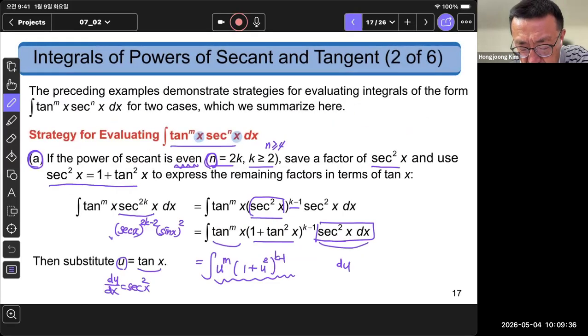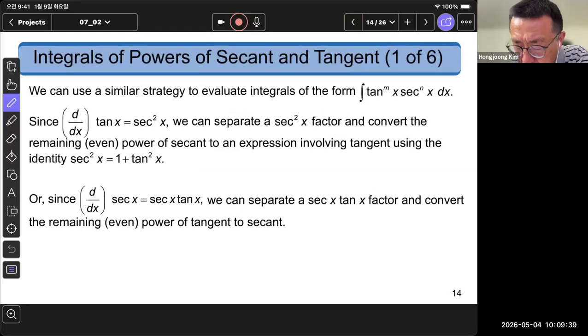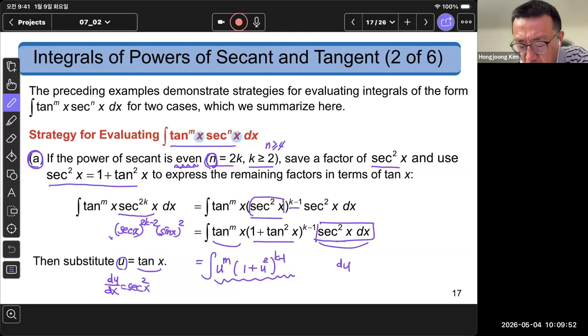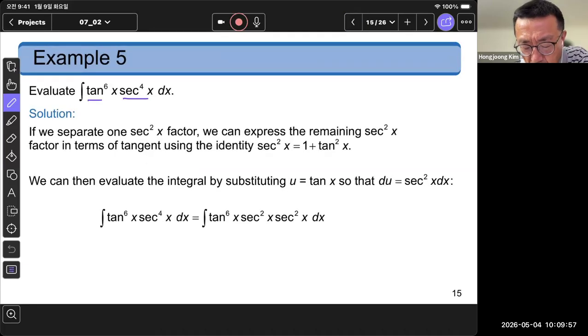As an example, if the power of secant is even and greater than or equal to 4, what do I need to do?